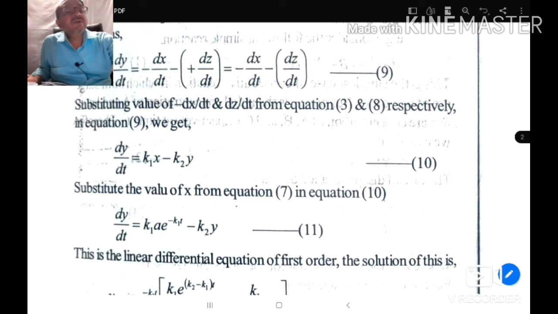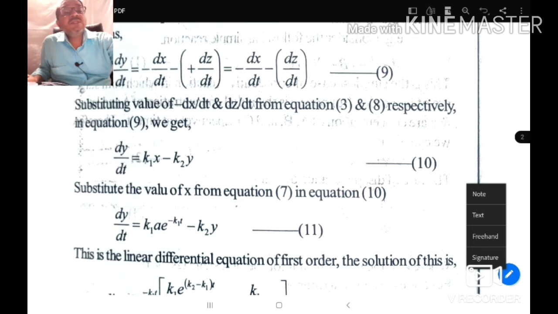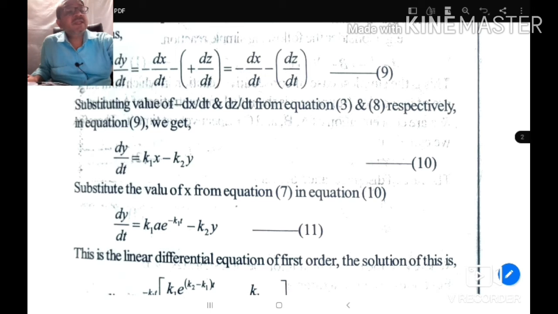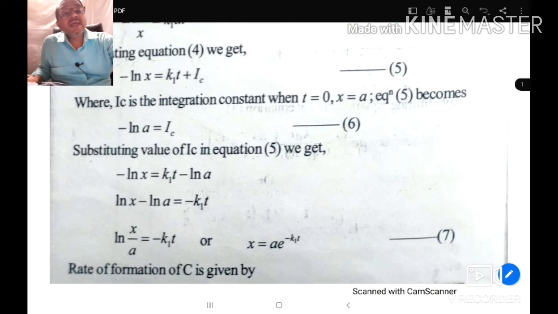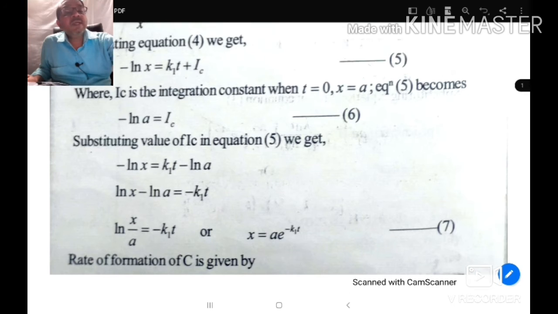Label this as equation number 10. Substitute the value of x from equation 7 in equation 10. Equation 7: log x upon a is equal to minus k1t, or x is equal to a e to the power minus k1 into t.